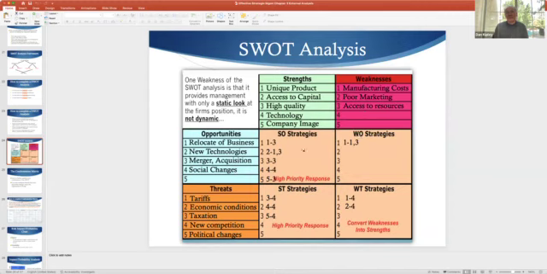And number 3, mergers and acquisitions would mitigate manufacturing costs. Let's do one more. Let's go down to weakness and threats. So we've already identified that manufacturing is a weakness. So where is this weakness that we've identified? What can take advantage of that? And if we look at number 4, new competition. We also have poor marketing. And because of our poor marketing, again, new competition can take advantage of us.